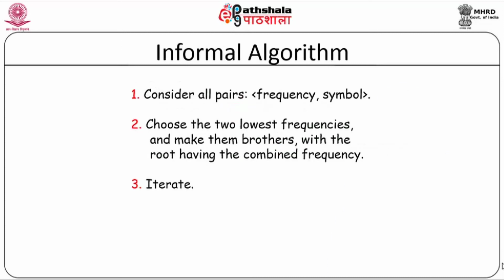This is the informal algorithm. Take all the symbols along with the frequency. It is a greedy approach: choose the two lowest frequencies and combine them. It will produce a new node where the frequencies of these two symbols are added. Then this process is repeated till we get the root.